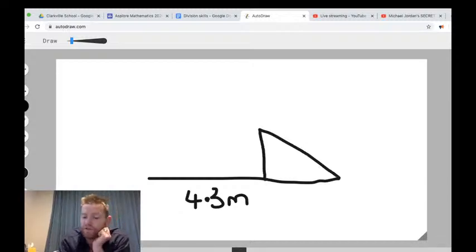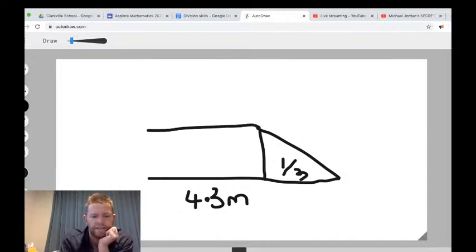The first third, that's a third, is a triangular prism. So that will go, and the back part is a rectangular prism.